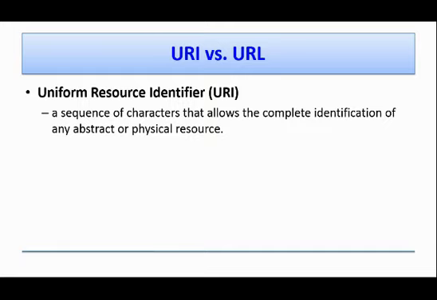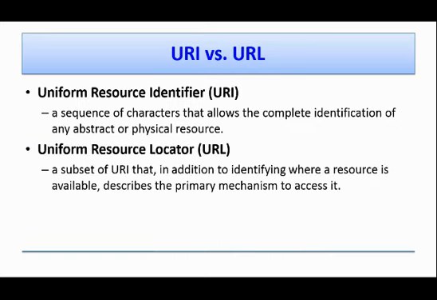URI means a sequence of characters which allows complete identification of any resource. It may be physical or abstract, right? URL means identification of a web resource, and there is a mechanism to access it.